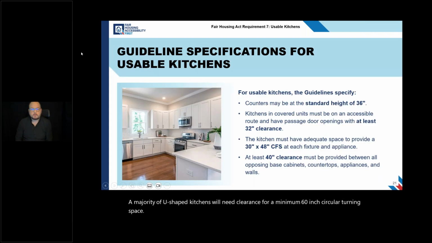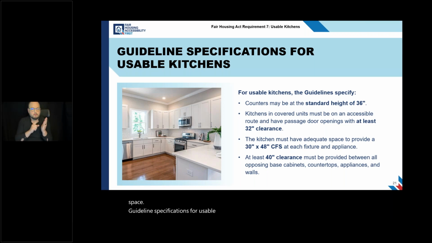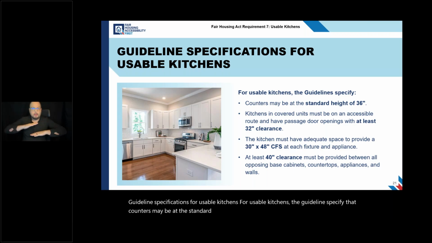Guideline specifications for usable kitchens. For usable kitchens, the guidelines specify that counters may be at the standard height of 36 inches.